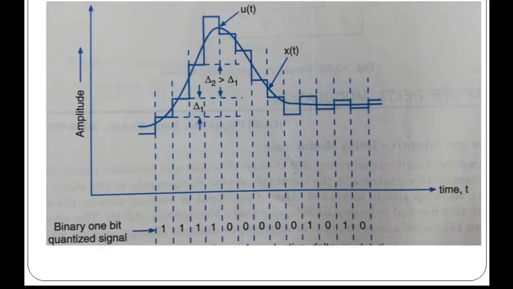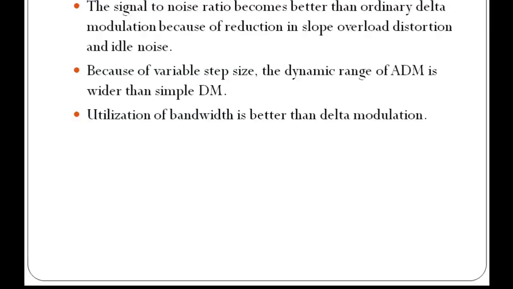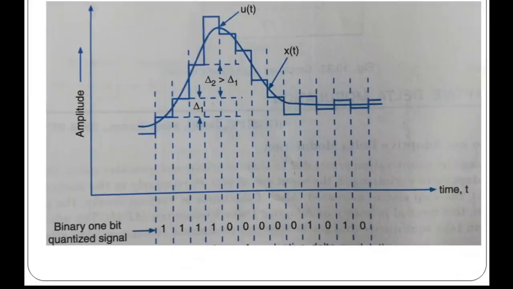This is our input signal x(t), and this is the approximated signal u(t). When it takes the difference, x(t) minus u(t), if the difference is positive, then that will be approximated by 1 and there will be a step size increment.